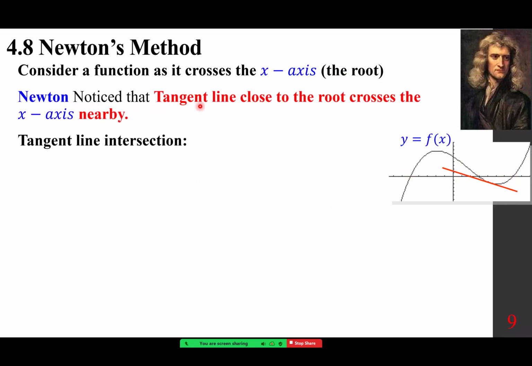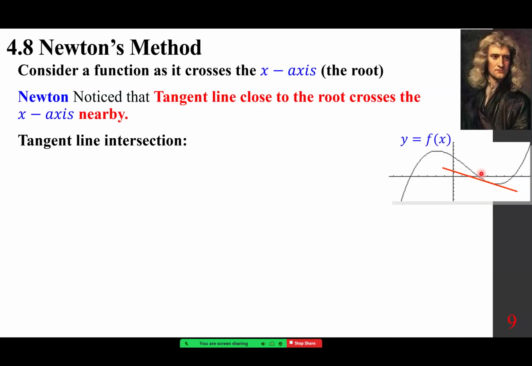Newton noticed that a tangent line close to the root crosses the x-axis nearby. So here's one of the roots. So a tangent line, not necessarily at that point, nearby, crosses the x-axis here. Is this the root for the function? No, but it's close. That's the concept.